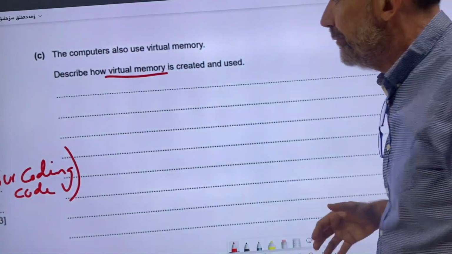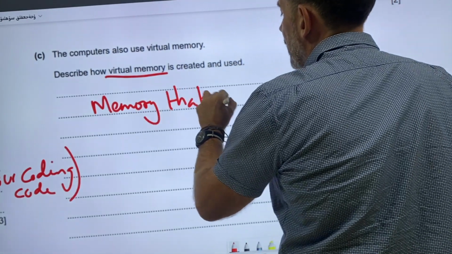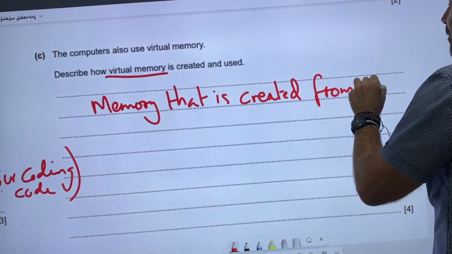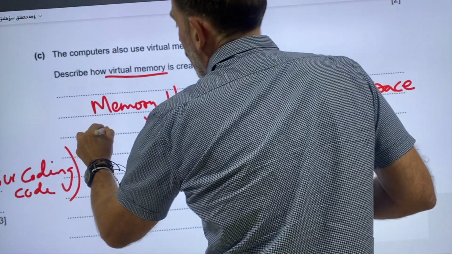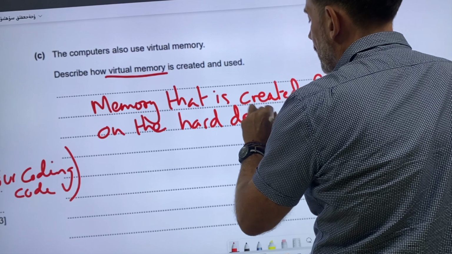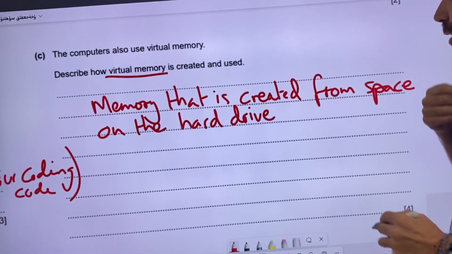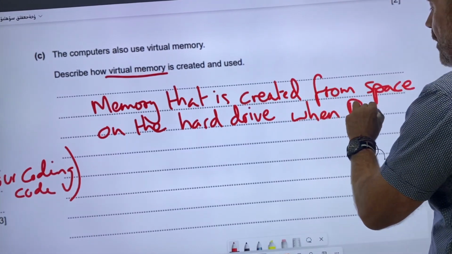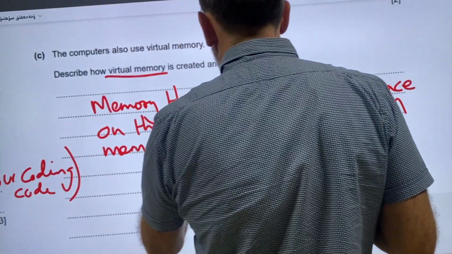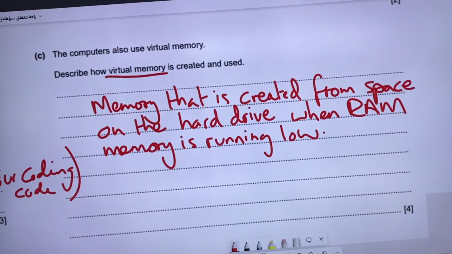It's basically memory that is created from space on the hard drive when RAM memory is running low. Okay, but that's not going to get us 4 marks.